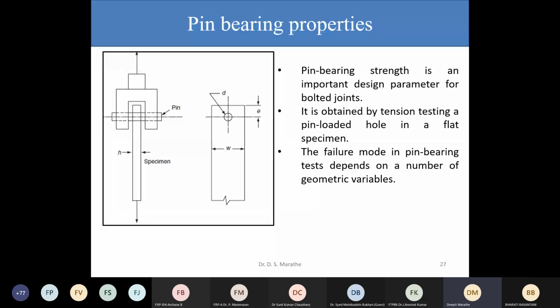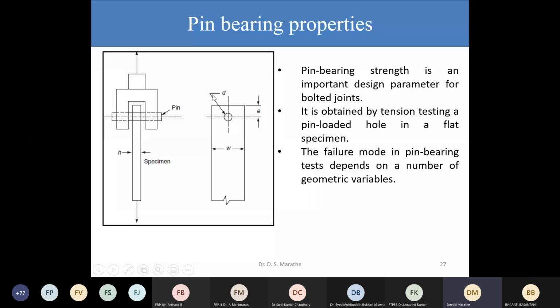Now there are two aspects on which the failure modes depend. One aspect on which failure mode depends is the geometry. So what is the geometry which affects the failure modes here? The geometry here is the width of the specimen, the distance E, that is between the center of this particular circle or the pinhole and this particular edge, and the diameter of the hole.